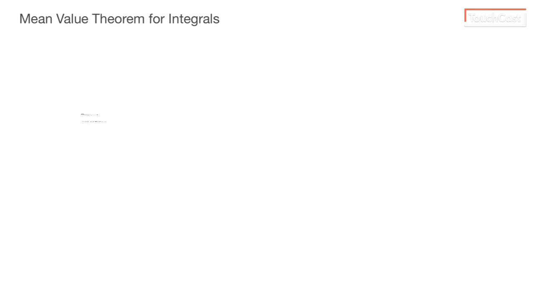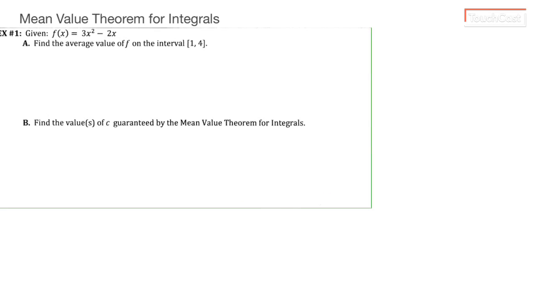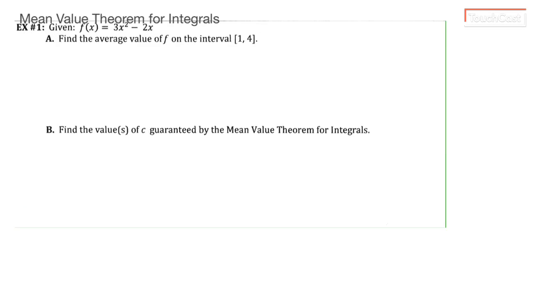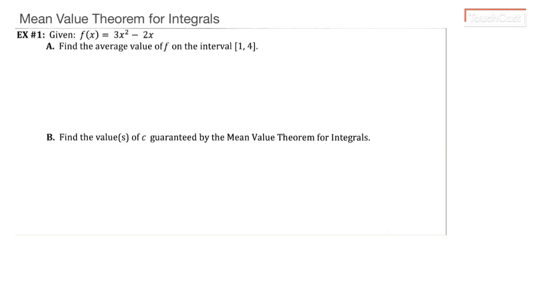So example 1, we're given the function 3x squared minus 2x, and we want to find the average value of f on the interval from 1 to 4. So we're going to use that average value theorem from before.